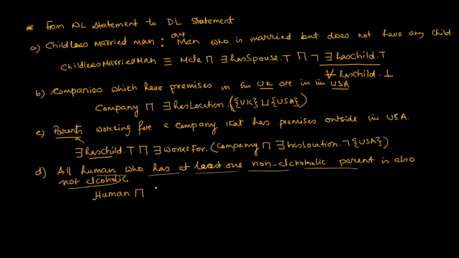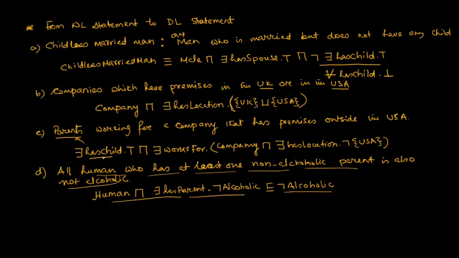So basically you need to model there exists at least one parent who is not alcoholic, and that means that person is not alcoholic, right? So something that is a member of this class would also be a member of this, right?